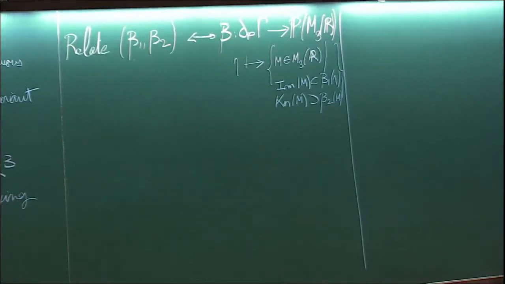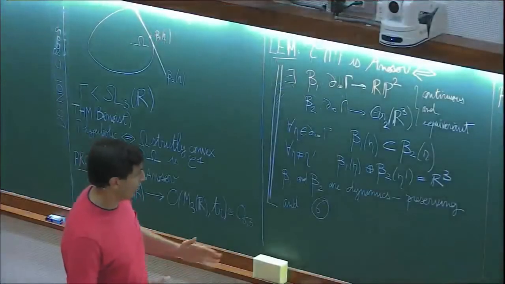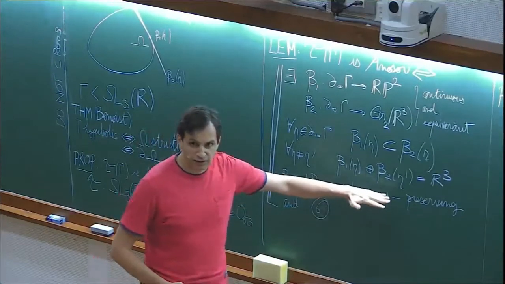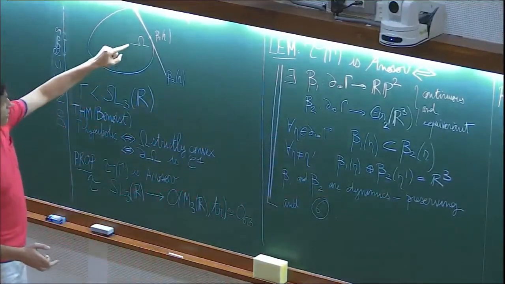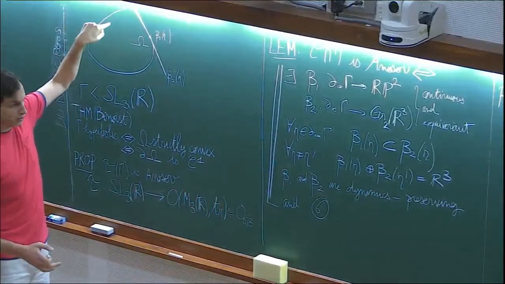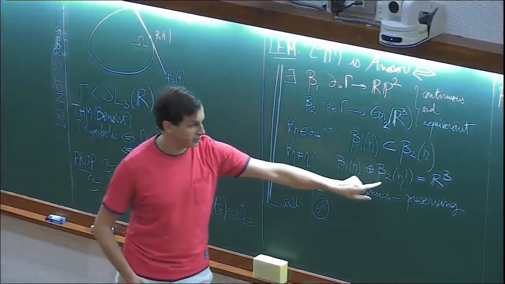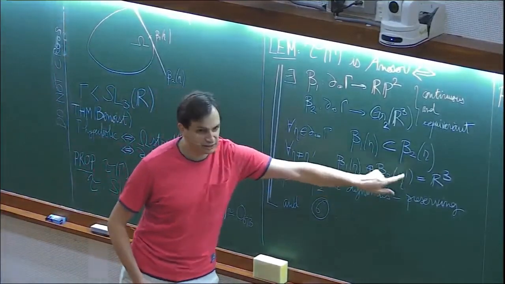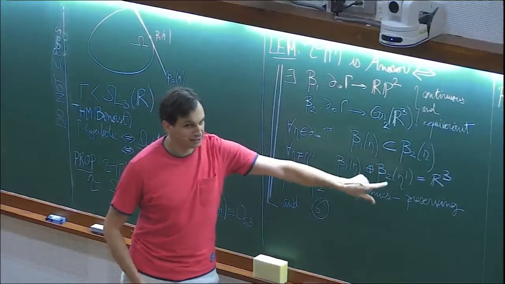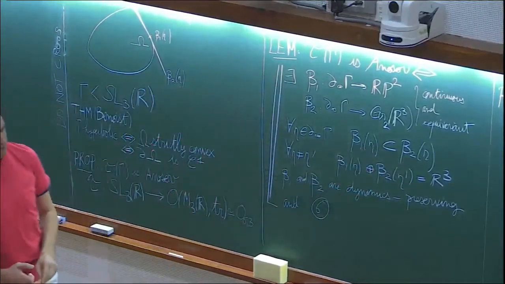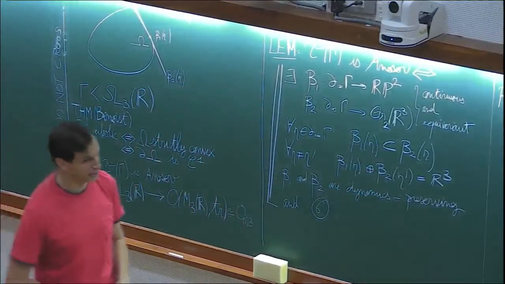So this direct sum condition is a condition that is expressed in the vector space. Okay. And if you want to express it projectively, it means that the point beta 1 of eta doesn't belong to the projective line that corresponds to beta 2 of eta prime. Okay, sorry about this.